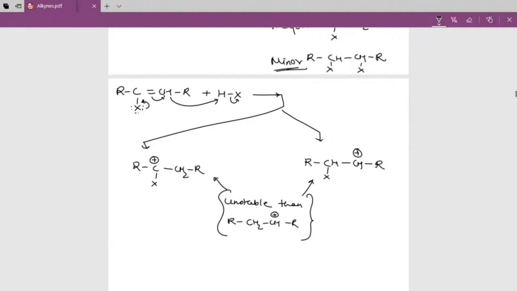Okay. So the rate of addition of HX on vinyl halide will be lesser than normal alkenes. Answer is yes, because the carbocation formed is relatively unstable, so it will be less possible, a slower reaction rate-wise. Okay, so these things are there.